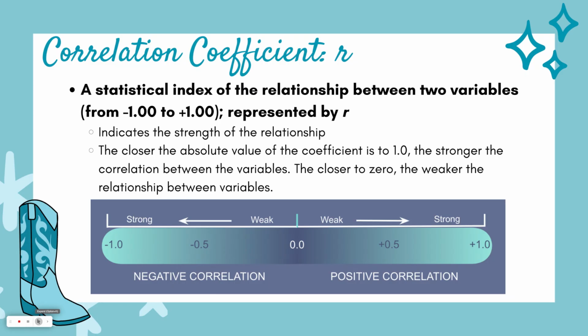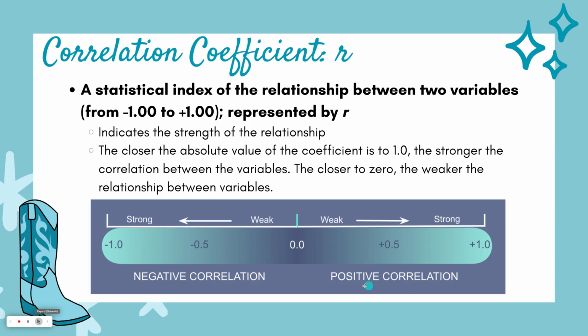And this number, the correlation coefficient R, tells us the strength of the relationship. So the closer the absolute value of the coefficient is to 1, the stronger the correlation between the variables. The closer they are to 0, the weaker the relationship is between the variables.